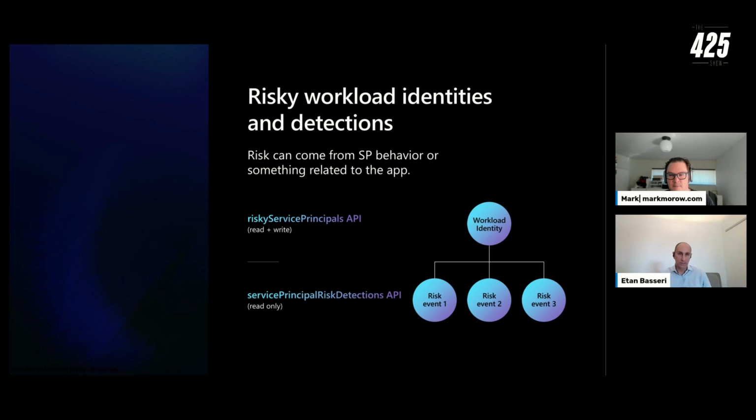We baseline up to 180 days of normal sign-in activity on a workload identity, and if we see sufficient anomalies in current sign-in activity, like a new user agent, or a change in the frequency or location of sign-ins, that's a very strong signal. Say the service principal typically signs in from a particular data center, and all of a sudden we see it somewhere else in the world, which we don't expect.